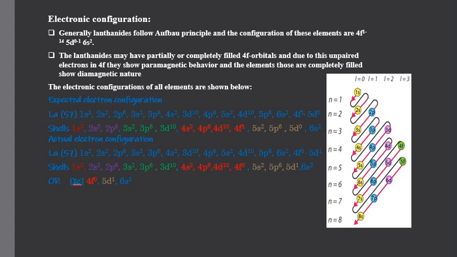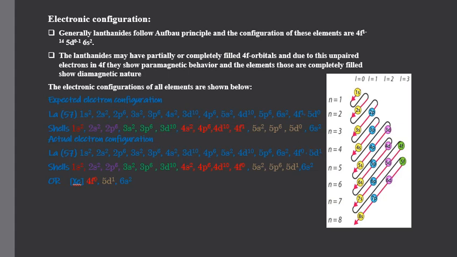The electronic configuration on the basis of the Aufbau principle can be written as shown in the slide: lanthanum 1s, then 2s, and moving toward 5d0. These subshells can be arranged into shells, and every shell has a different color in the provided slide.